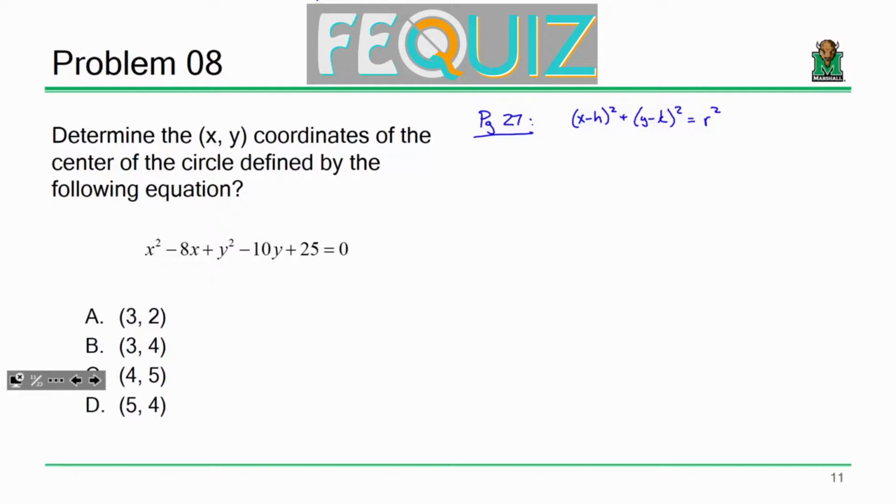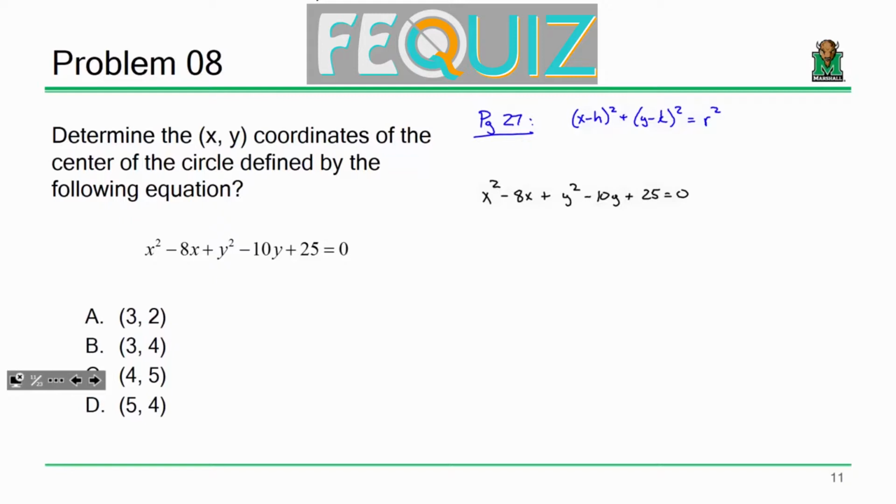Now, here's the equation. All right, the first thing I'm going to do is I'm going to be systematic about this, and I think you're going to see here in a second that I might have wasted a little bit of time, but I'm going to be systematic.